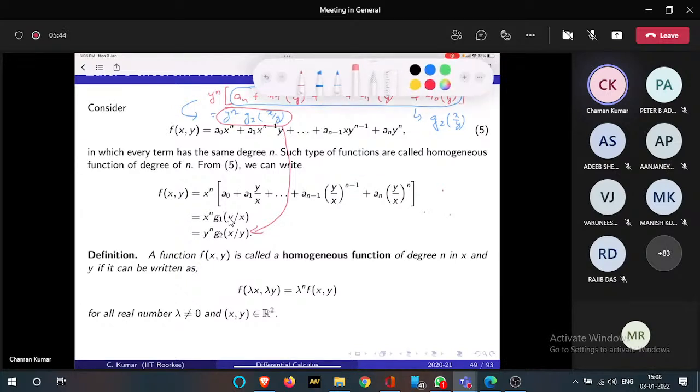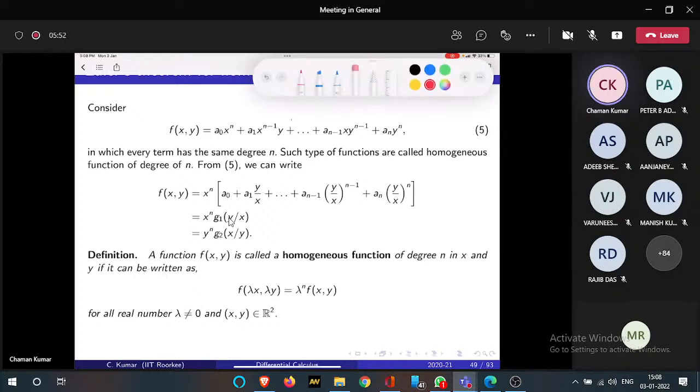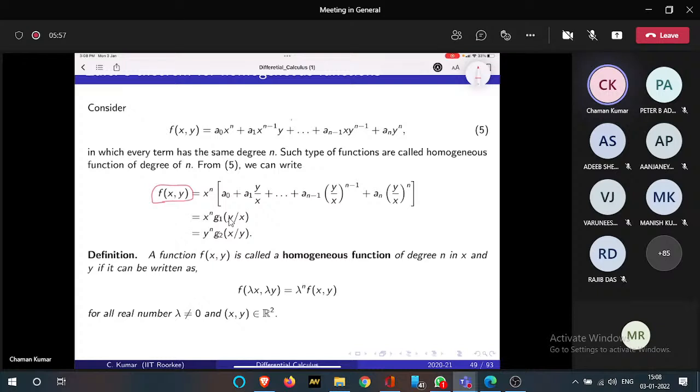Okay, so from there we can say that f is a homogeneous function of degree n if f can be written as x raised to n into a function g1 of y by x, or you can say that f is a homogeneous function of degree n if f can be written as y raised to n into g2, a function of x by y.